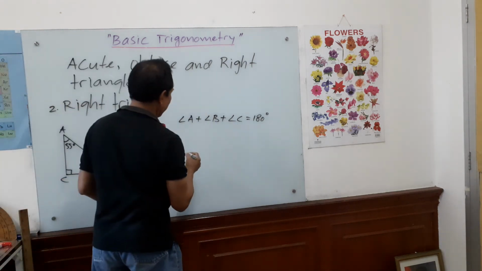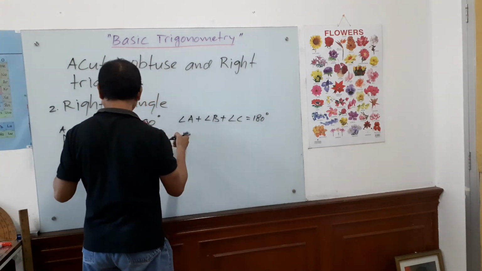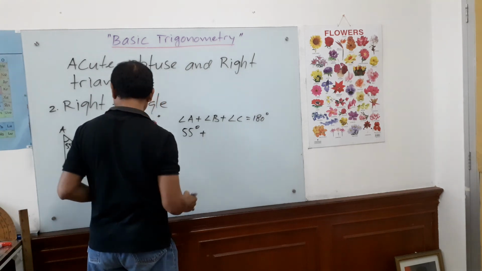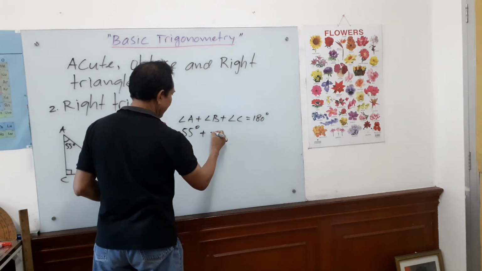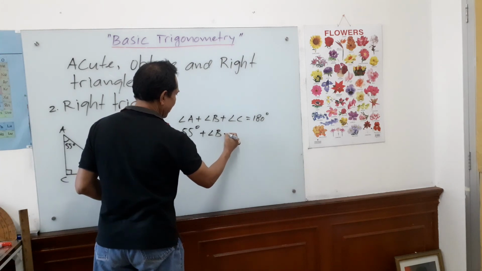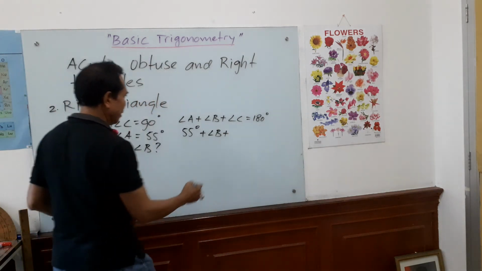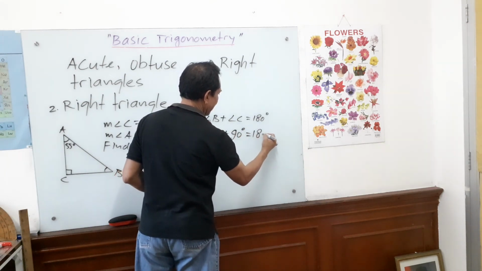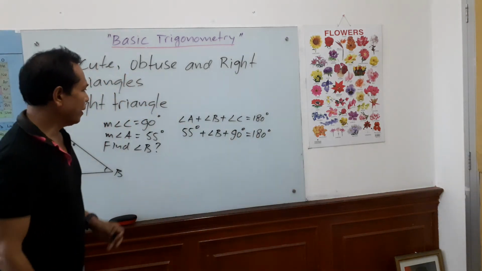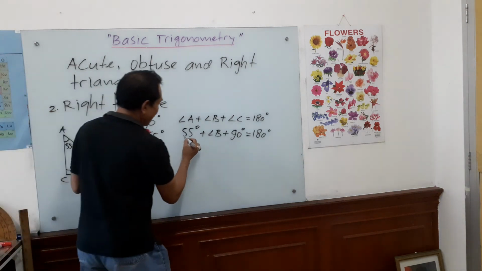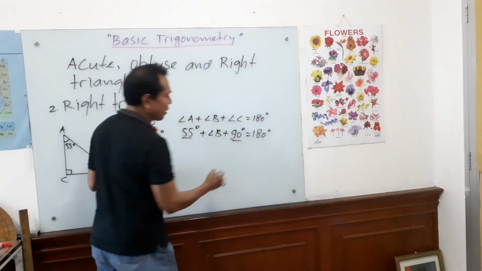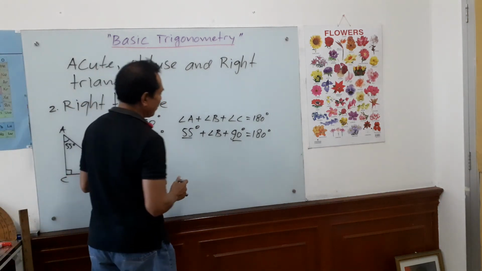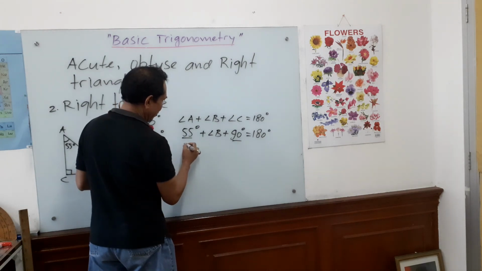We use this formula. So angle A is 55 degrees plus angle B we do not know, so we just put angle B here, plus angle C is 90 degrees equals 180 degrees. Now this here 55 degrees and 90 degrees are the same, so we add them together, so it makes, we bring angle B here.